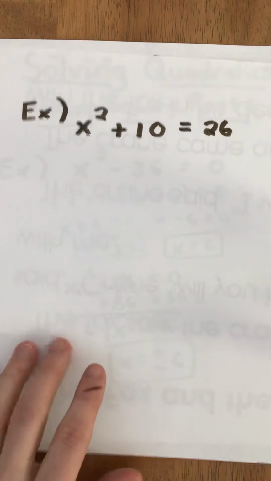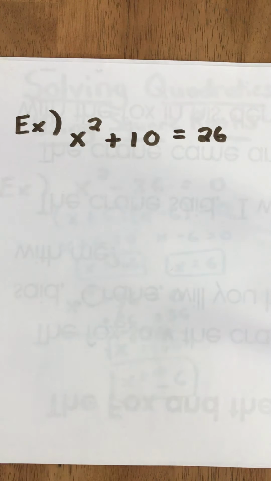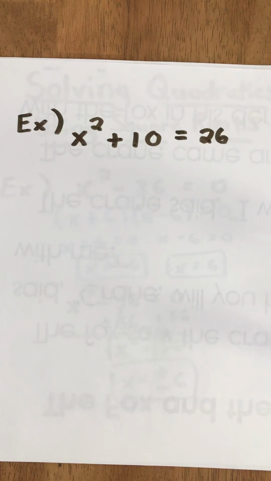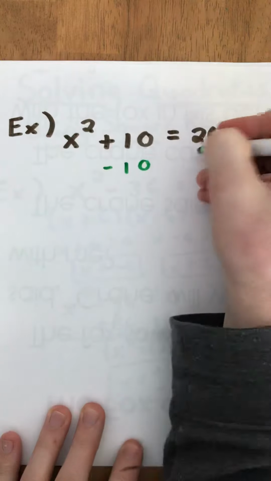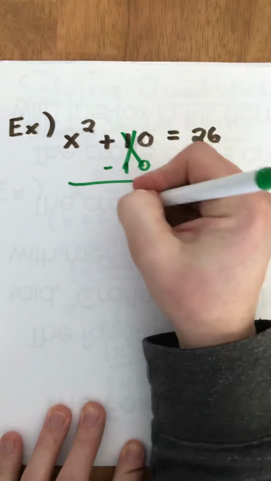So this next example here, x squared plus 10 is equal to 26. Now, in this particular example, I could try to move my 26 over to create a difference of perfect squares, but I'm going to use the square root method, and so I'm just going to subtract 10 on both sides.